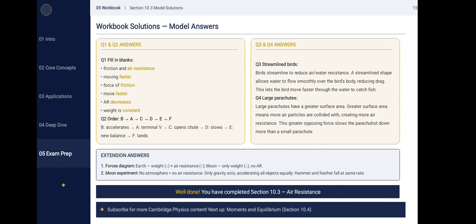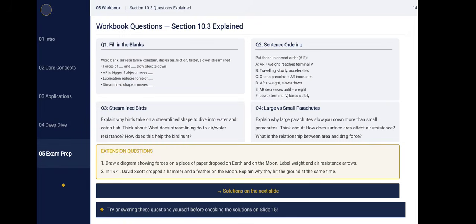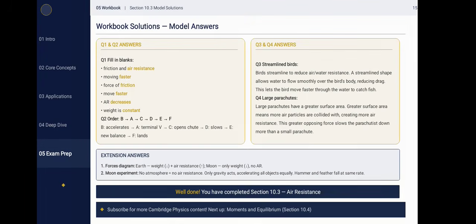Got it? Now the next question, which is given to you as your extension, draw a diagram showing the forces acting on a piece of paper being dropped on the earth and on the moon. Now how you have to draw those force diagrams, like on earth the weight is pulling the object downward, plus air resistance is over there also, while on moon only weight is acting on it downward and there is no air resistance.